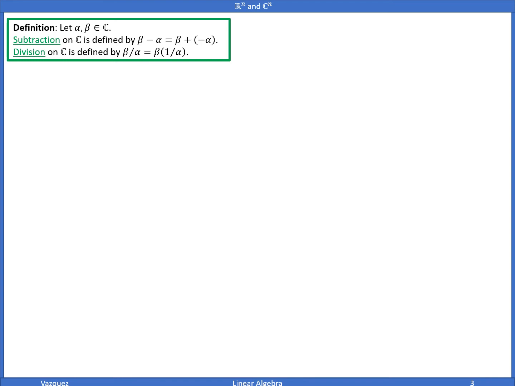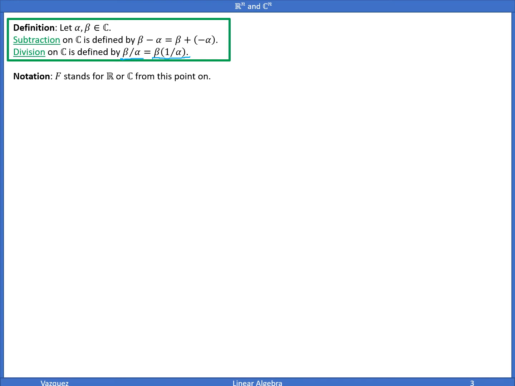Beta minus alpha is equal to beta plus negative alpha. And division, also like the real numbers, is defined as beta over alpha is the same as beta times 1 over alpha. So we define these for the complex numbers.